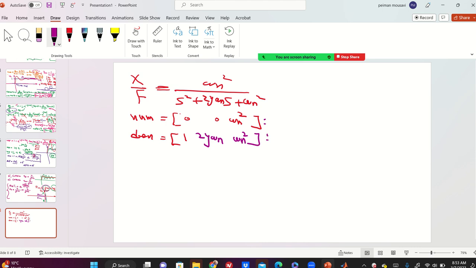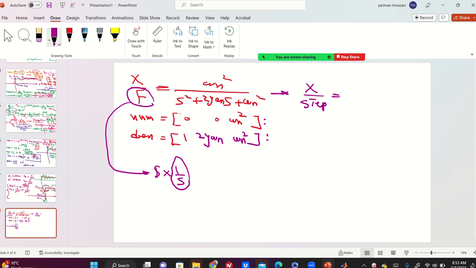But in MATLAB, remember that we don't have impulse, that's right. So as we did the trick previously, impulse is 1, meaning S multiplied by 1 over S. So this is a step for the impulse. So you're going to change the transfer function. X over the step for the impulse is going to be S omega n squared over S squared plus 2 zeta omega n S plus omega n squared.